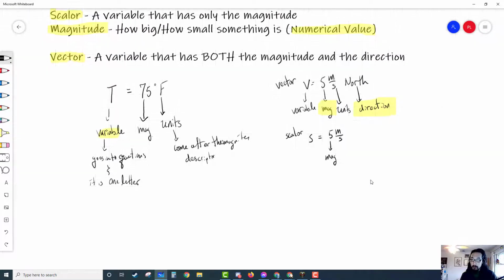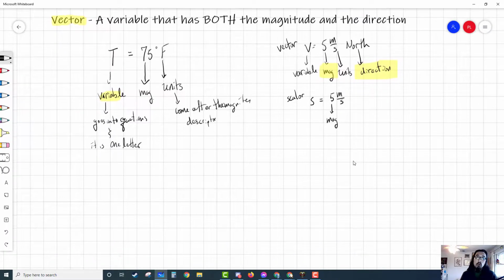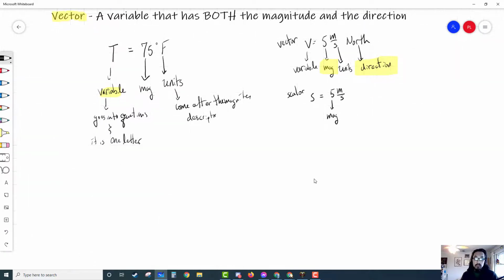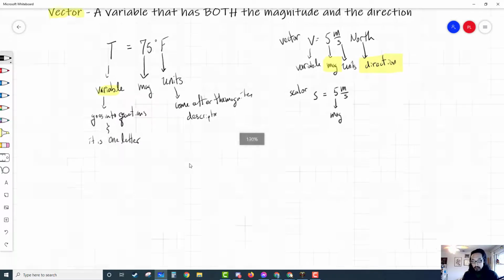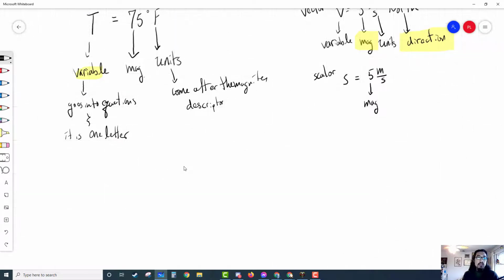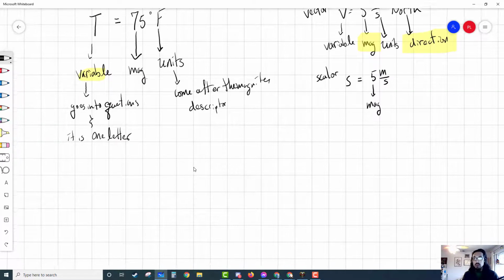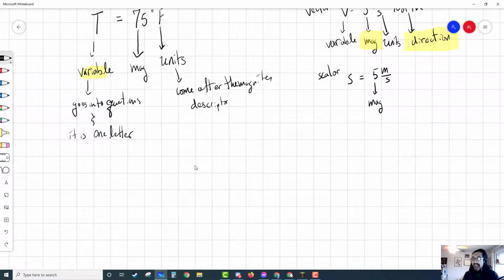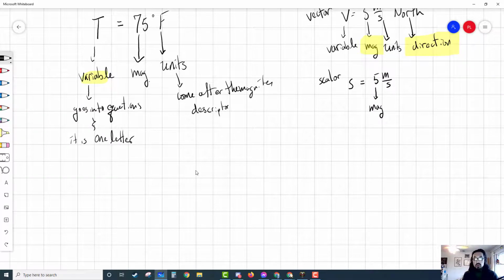All right. So with that, that is one way of knowing if you have a vector or if you have a scalar. Now, the more and more as we get into the physics and you are exposed to vectors and scalars, a good method of knowing if it's a vector or if it's a scalar is by adding a direction to the scalar.